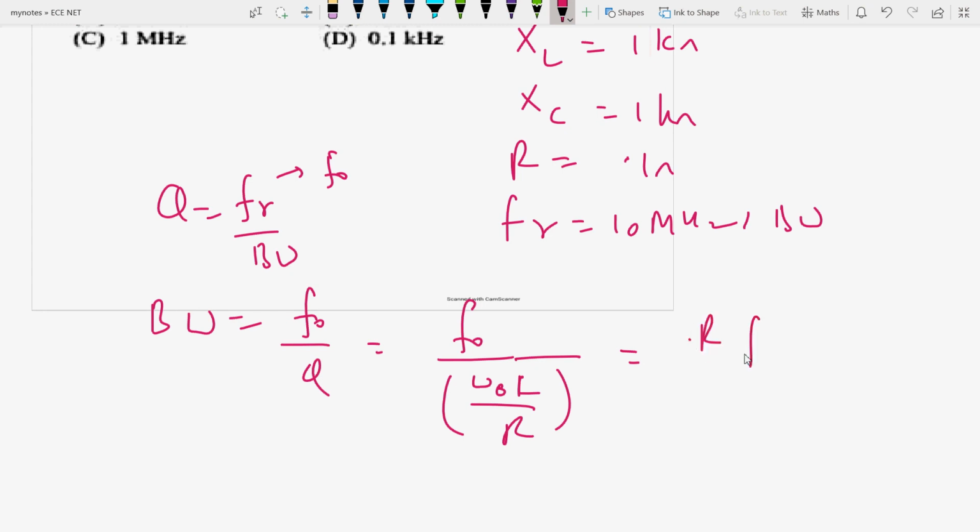So this is R F naught by omega naught L. R is 0.1 and F naught is again 10 megahertz, 10 into 10 to the power 6, and this is omega naught L. Here it is 1 kilo ohm.